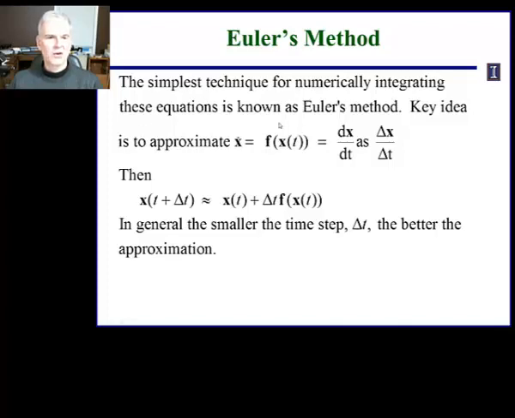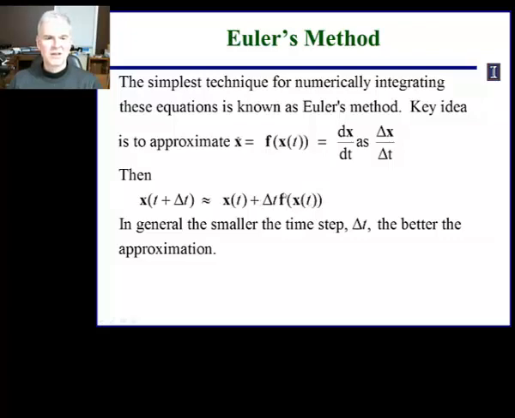The key idea on Euler's method is we can take x dot equals some function f of x sub t, that's equal to the derivative of x with respect to time, and we approximate that as delta x over delta t. So then we can approximate the new value of x, be this a scalar or a vector function, at some time t plus delta t as being equal to the value of x at t plus delta t times the derivative of x evaluated at the current time.